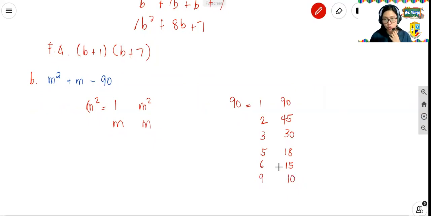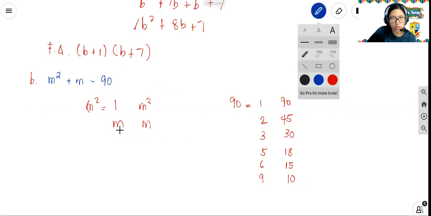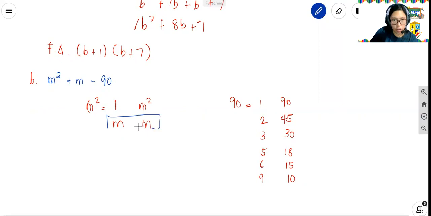Now we have to choose a partnership of the factors of m squared and 90 such that it can possibly give us an answer of m or 1m. I would like to try 9 and 10, because when I subtract 9 and 10, I can get 1. So 10 minus 9 is 1. So I will try that first.